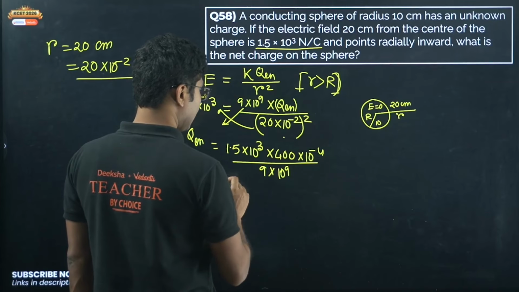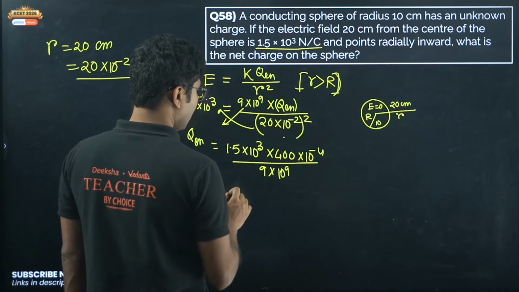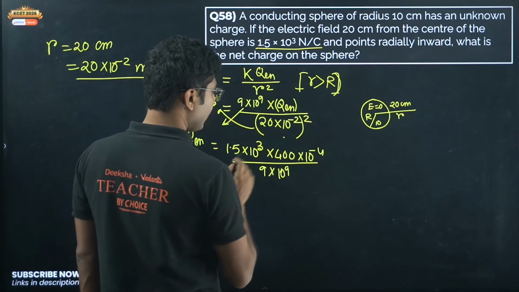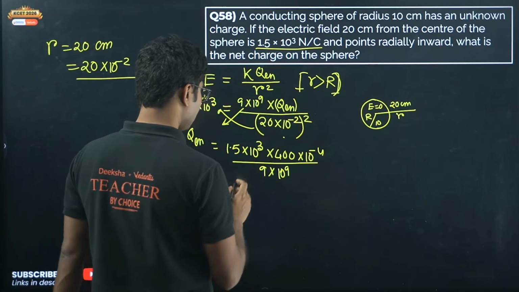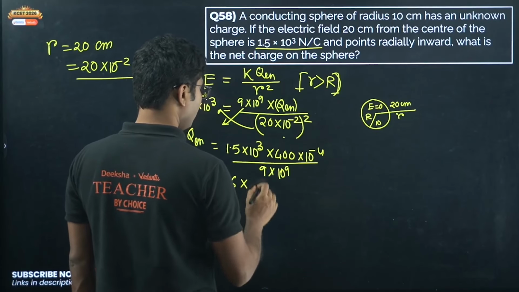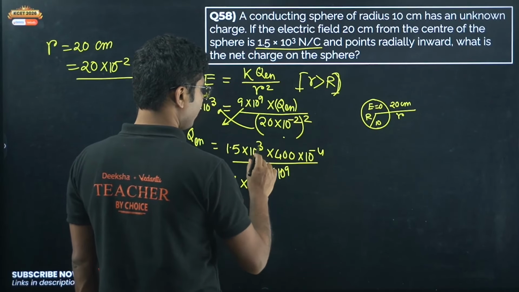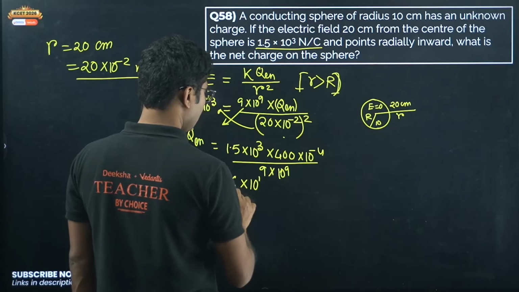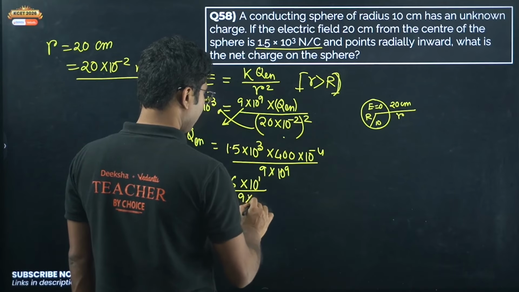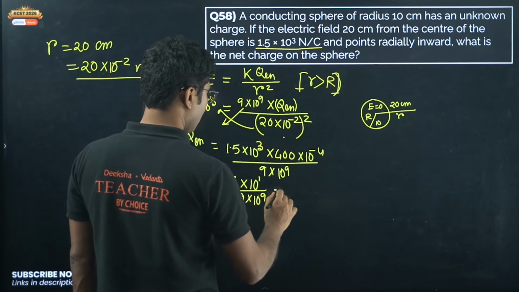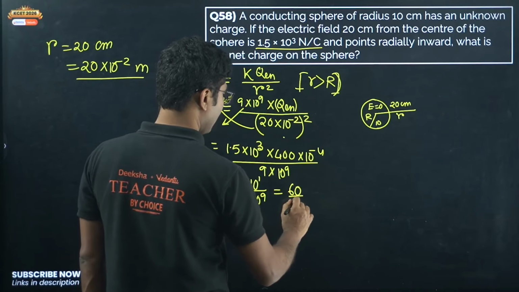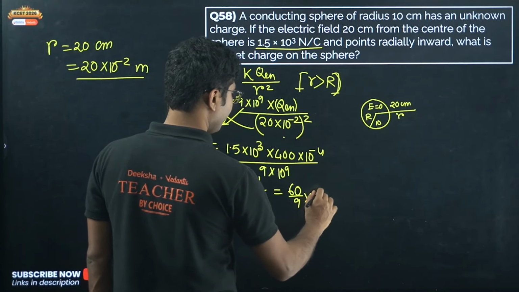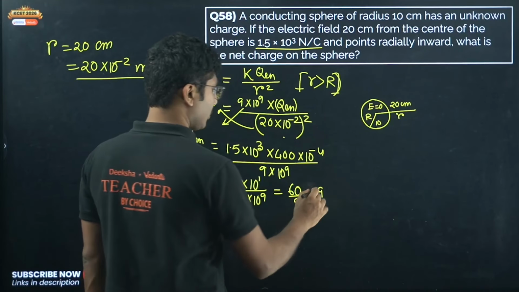So we can say that this will be 1.5 into 4 is 6 into 10 to the power of 3, 4, 5 minus 1, so 10 to the power of 1, divided by 9 into 10 to the power of 9, or 60 divided by 9 into 10 to the power of minus 9.